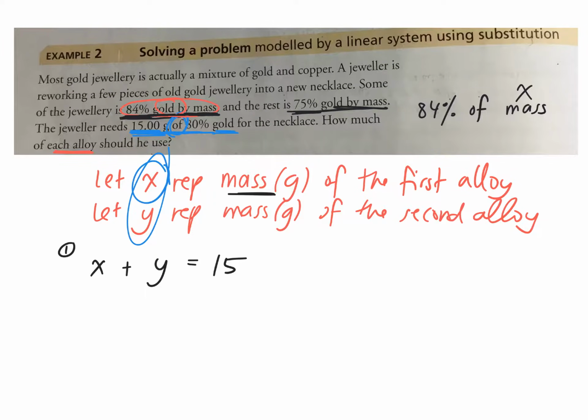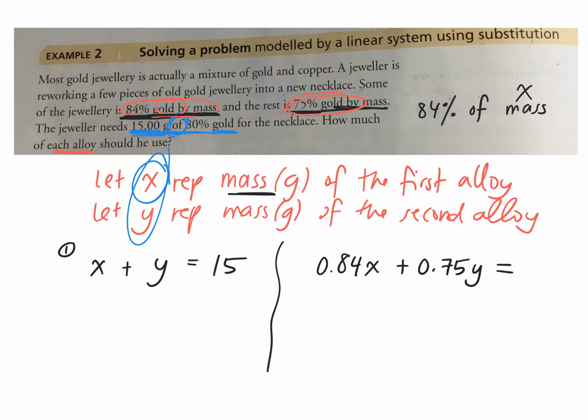We used X. So how do you write 84% of something? 0.84x. Yep. Then we also need 75% of whatever the mass is for the second alloy. So that would be 0.75y.